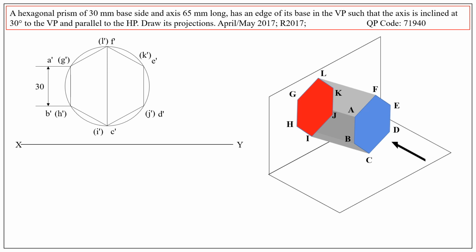Since it is directly behind, it coincides. That means the points G, H, I, J, K, L coincide with the points A, B, C, D, E, F, and hence the rear hexagon is represented within brackets.